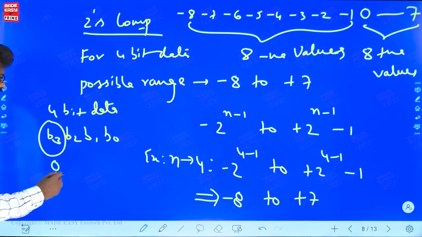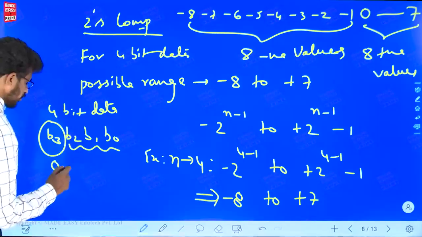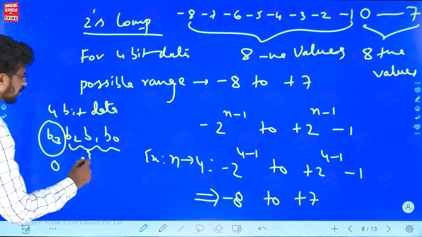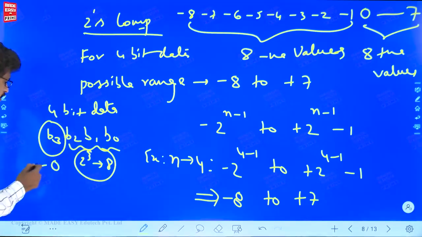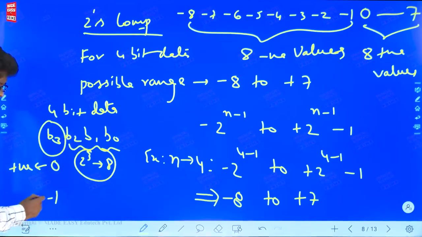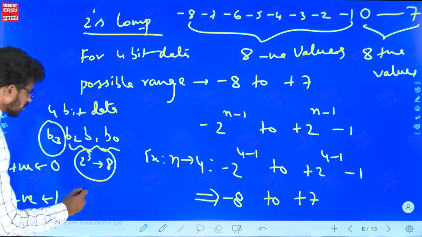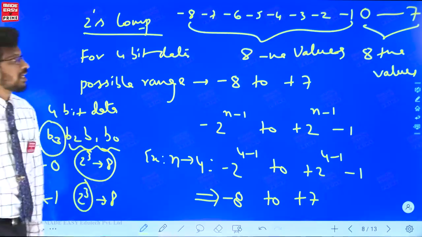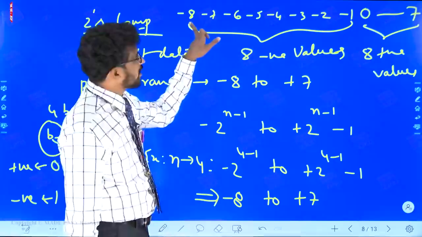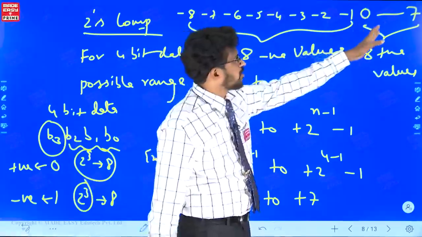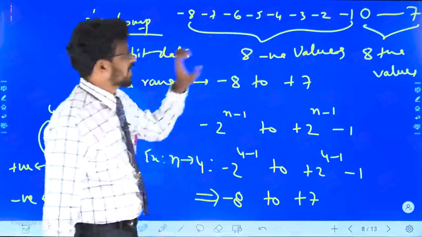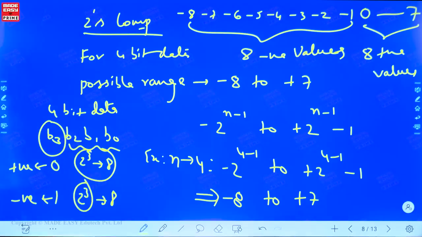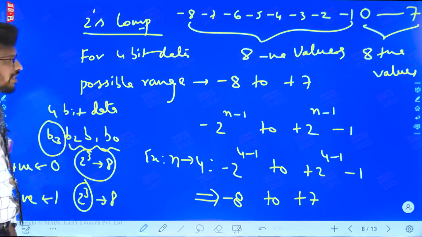If it is 0, the range is 2 cube, that is 8 non-negative values. And if it is 1, it is negative, so 2 cube, 8 negative values can be represented. That is why it starts from minus 8 to minus 1, 0 to 7. So that is the difference between the sign and magnitude representation, 1's complement representation and 2's complement representation.